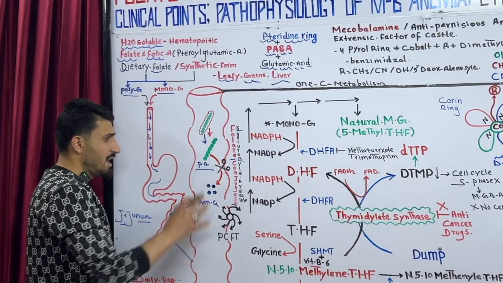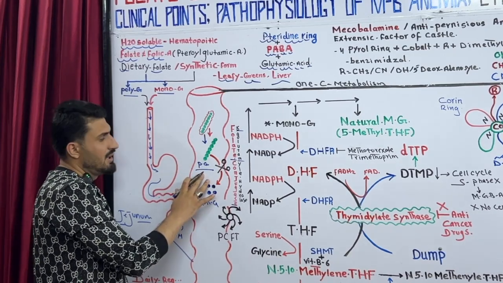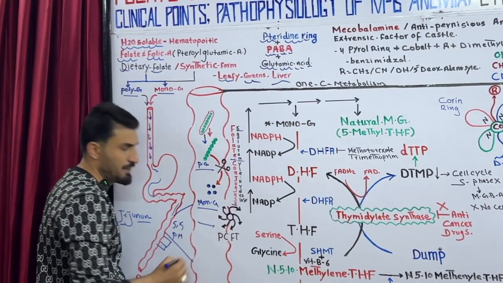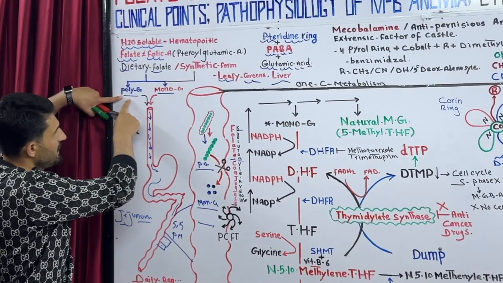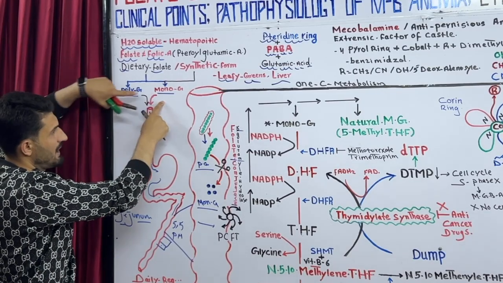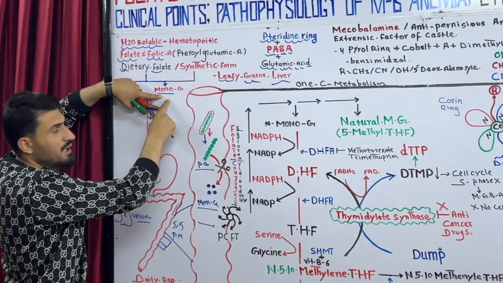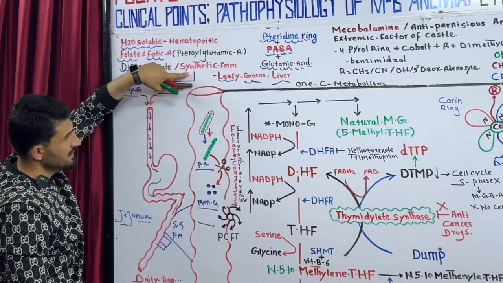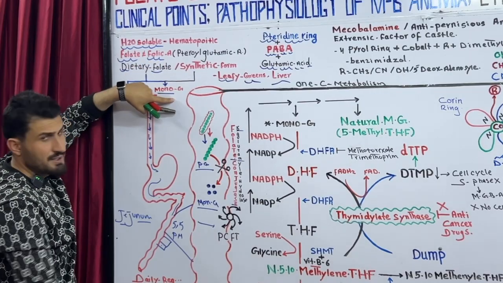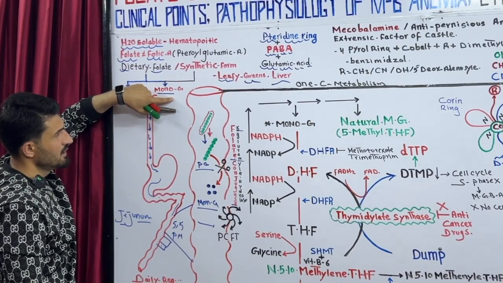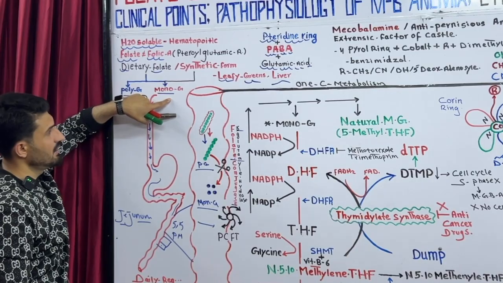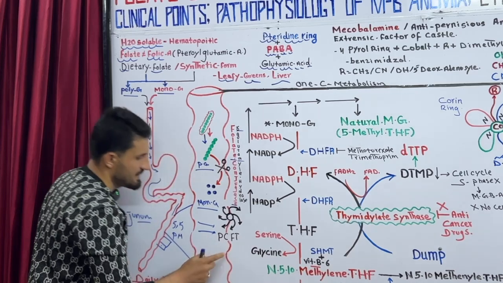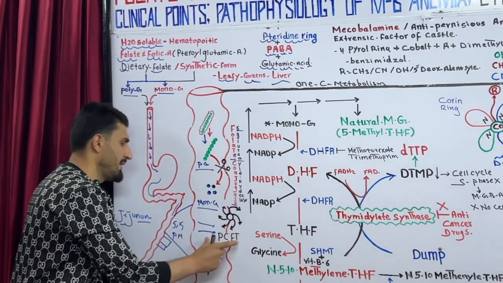Now after conversion of the polyglutamate form of folate to monoglutamate, we can absorb it. Monoglutamate is already ready for absorption, and the synthetic form is also ready for absorption. We do not change the monoglutamate form of folate to any other forms. Got it? Now in this jejunal cell we have a transporter.